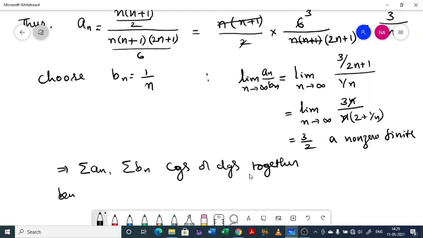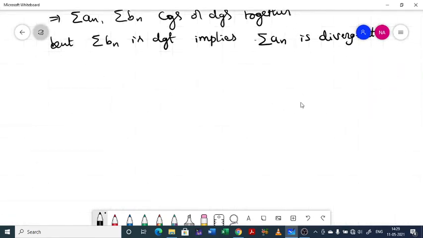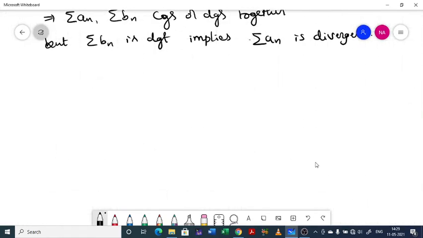But summation bn is divergent, which implies summation an is divergent. So this completes the solution of problem C. Next problem, problem D, and then next problem E.